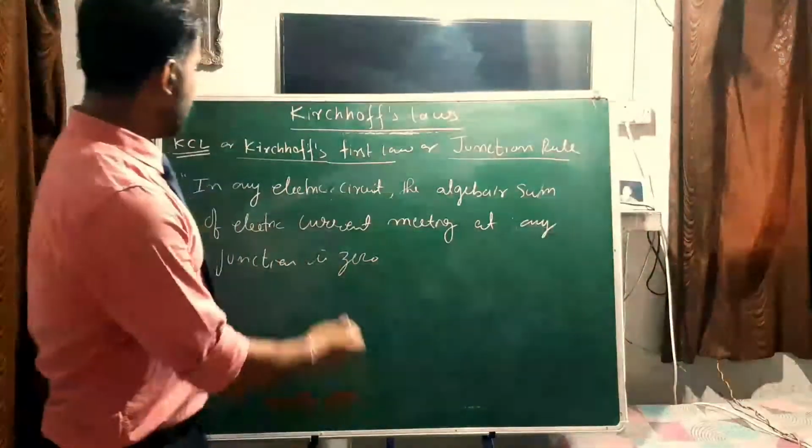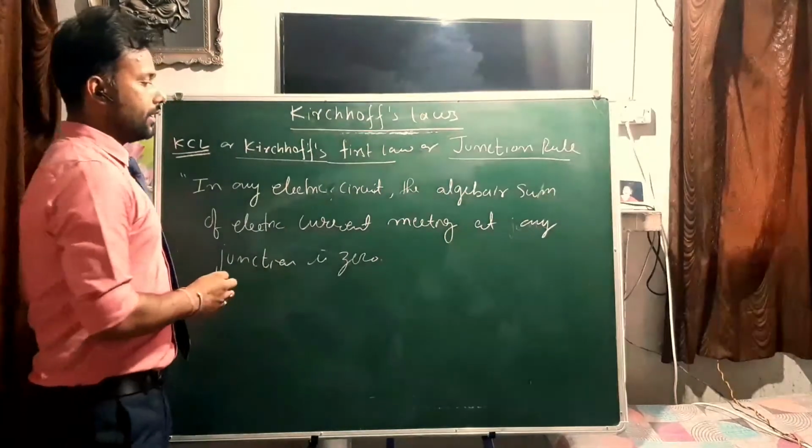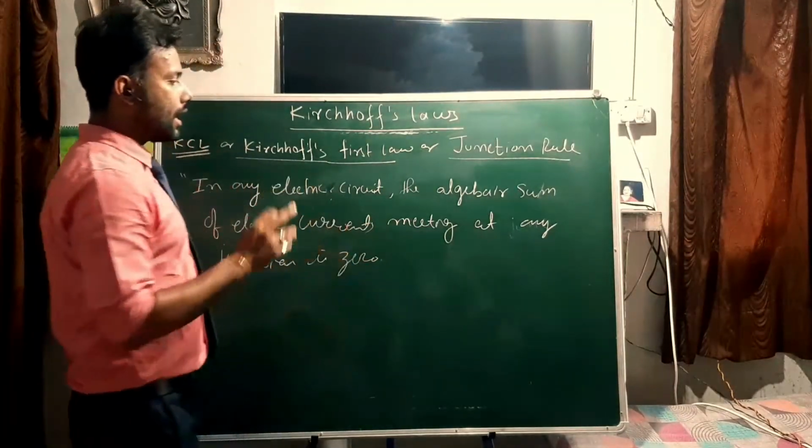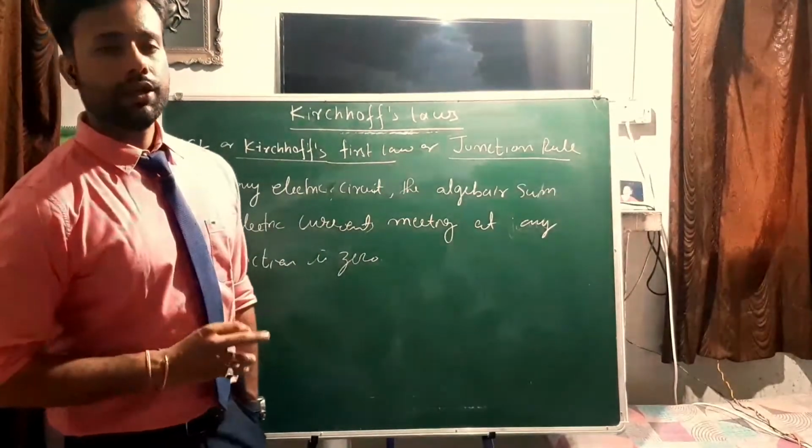Alright? In an electrical circuit, the algebraic sum of electric currents meeting at any junction is equal to 0.